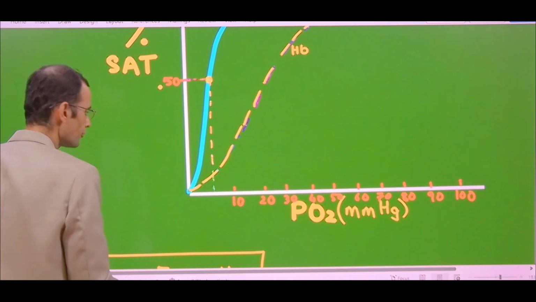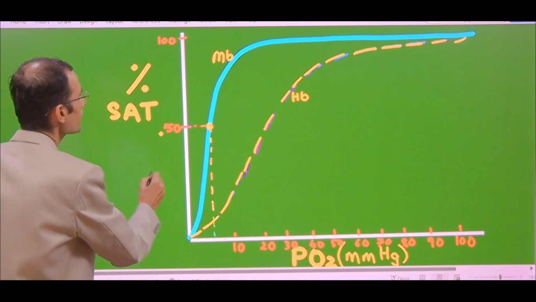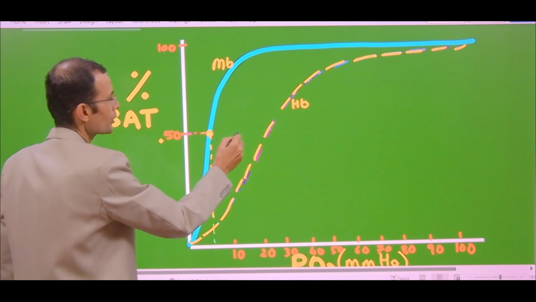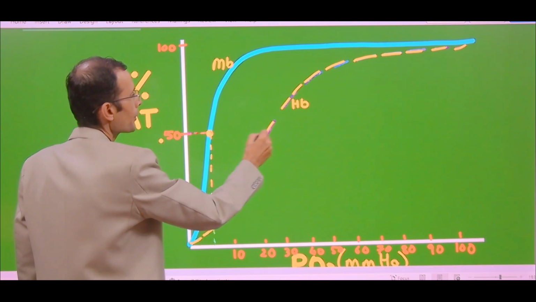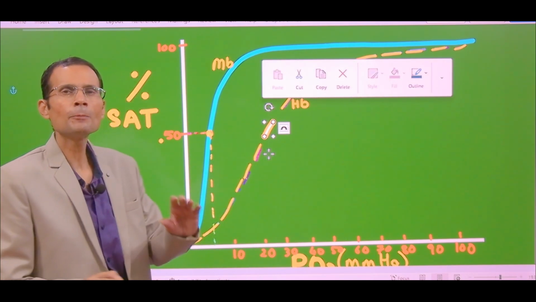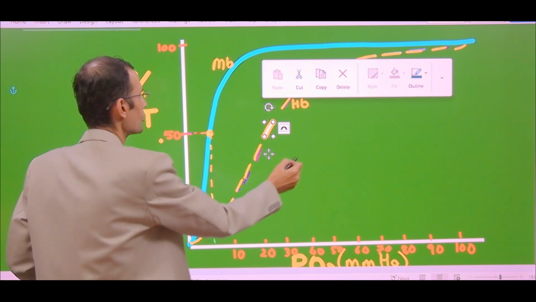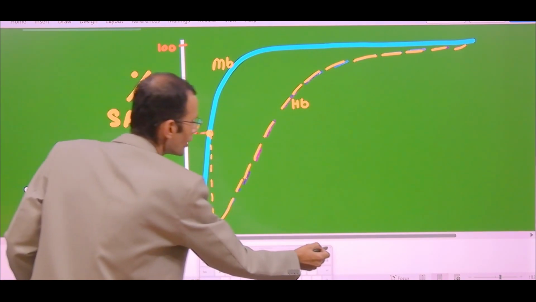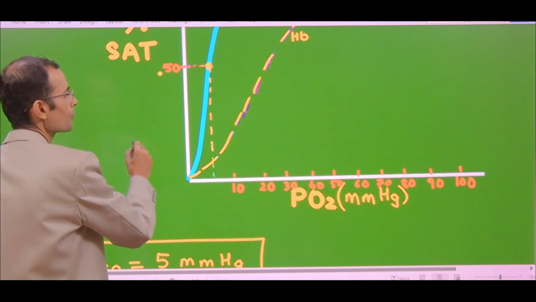You can see in the graph, if this is 50% saturation on the vertical axis, if you put a perpendicular on the hemoglobin curve, it will give you a value of 25 to 28 mm of Hg. But the P50 for myoglobin is 5 mm of Hg.